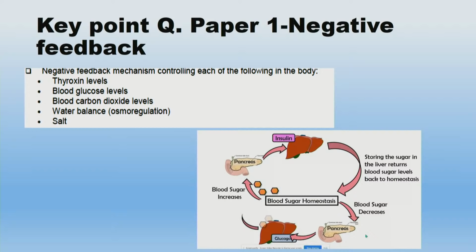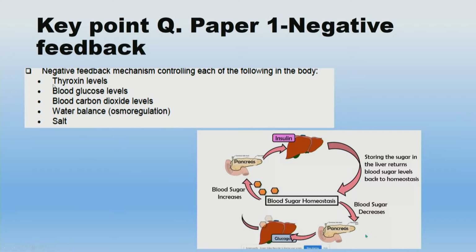So again, please make sure that you revise the following negative feedback mechanisms: thyroxine levels, blood glucose levels, which is very important, blood carbon dioxide, water balance, which is osmoregulation, and then at the end, we have salt.